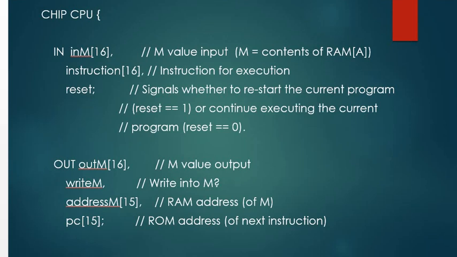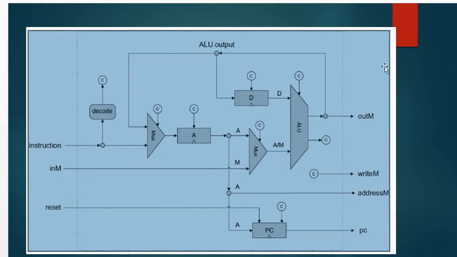If the instruction is C and the criteria are met, the program counter is loaded with the value that instructs the CPU to jump to the given value or symbol. PC is incremented if the PC is not loaded. The CPU will read the next instruction after incrementing.